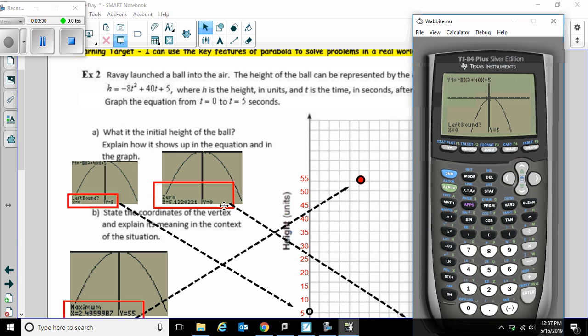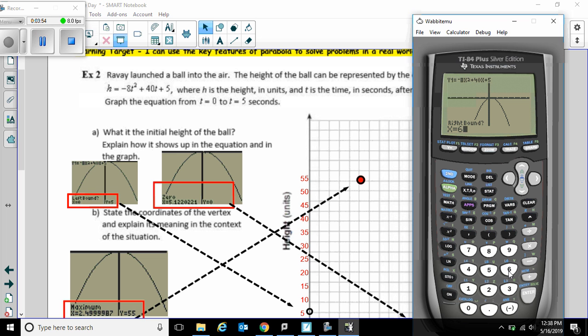Well, I know it's going to be somewhere between 0 and, based on what I already know, say 6. Now, where did I get 6 from? Well, because I worked it out already.